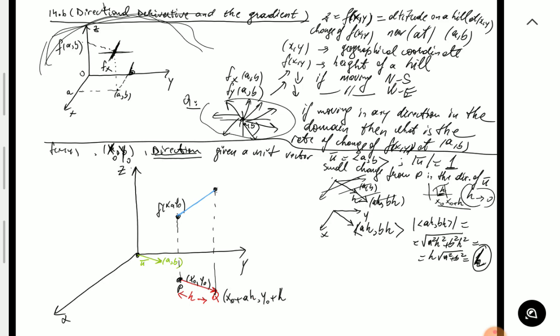It's like translating the vector (ah, bh) in component form from the initial point 0, 0 to initial point P. So that means the corresponding value of f at this point will be f of x naught plus ah, y naught plus bh. We're almost ready now to establish the definition, and we'll get to the second page to see how we can compute it.